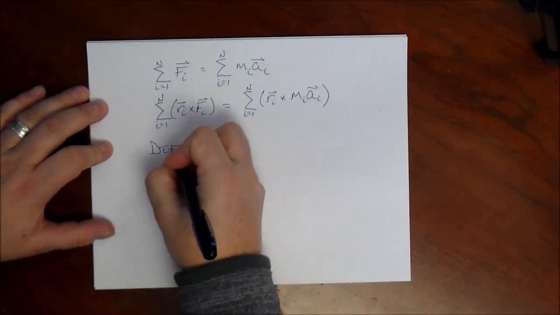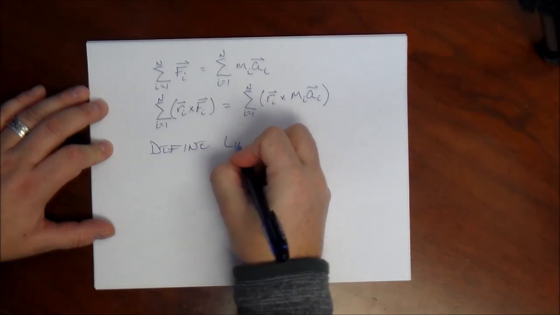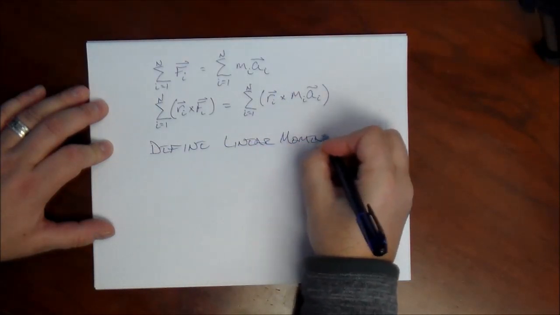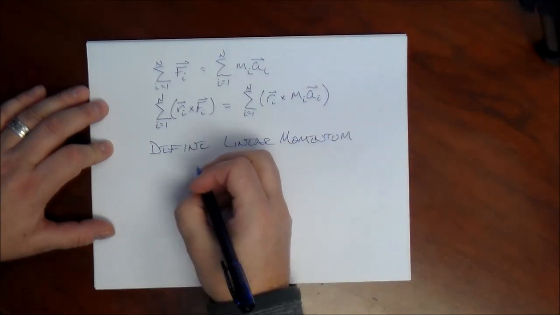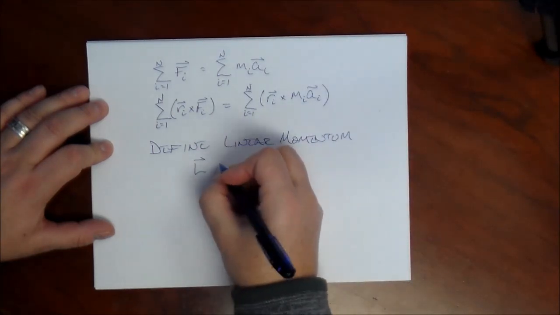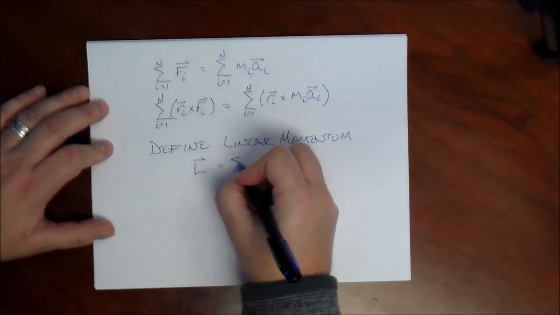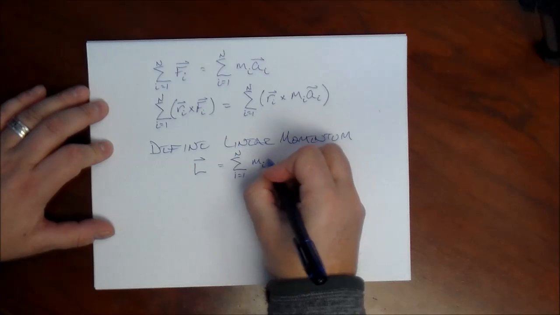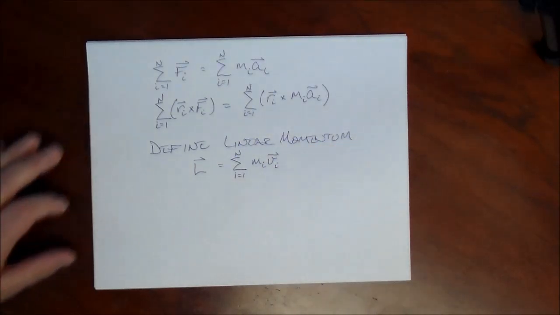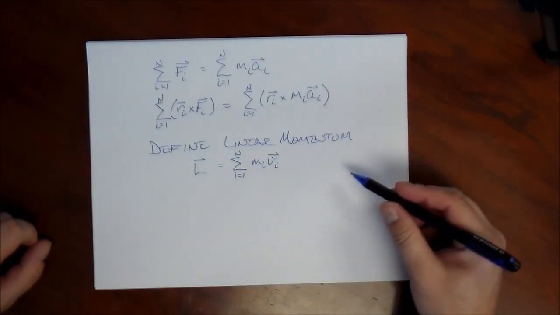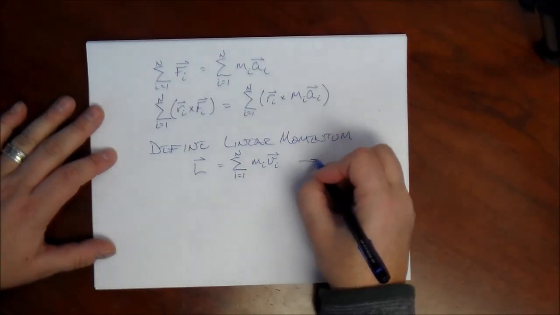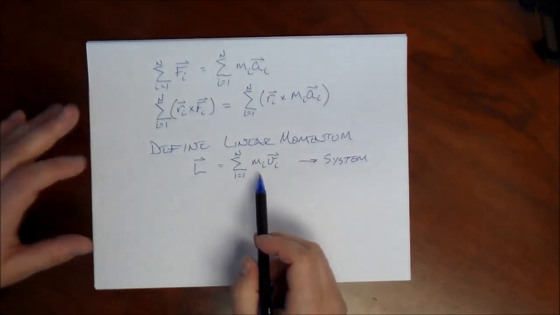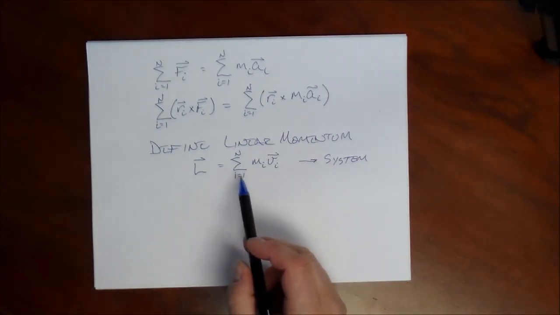Just like we've done in the past, we can define the linear momentum for the system as the sum of all the linear momentums of each of the particles in the system.